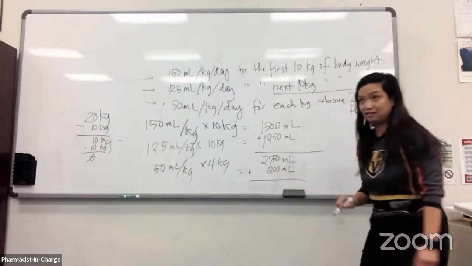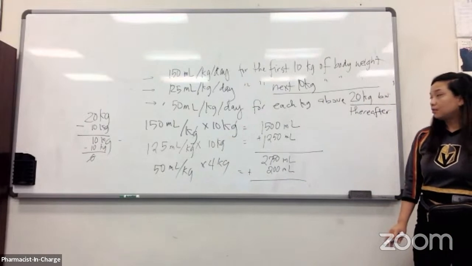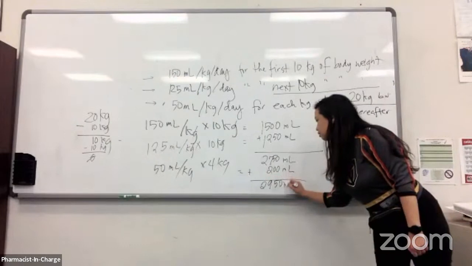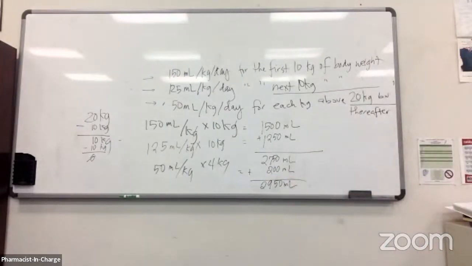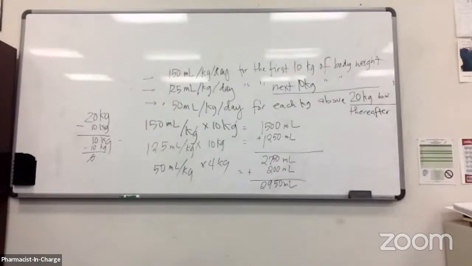For Paula. Correct. Because Paula's 24. So this one is 2,950. So you have your first two already. Easy, right? The only problem with students is they overthink this problem. That's the last topic.